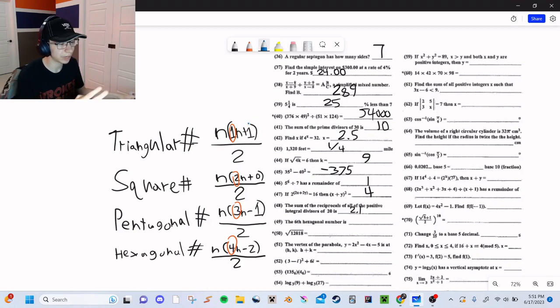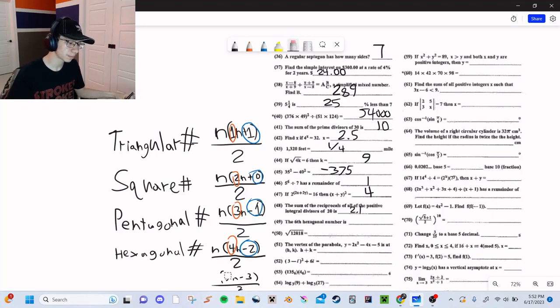And then this number you're adding on to it, in this term, it's always decreasing. Positive 1, 0, negative 1, negative 2. And so we could probably predict that the next formula in this case for the septagonal number would be n times 5n minus 3 over 2, just based on that pattern.